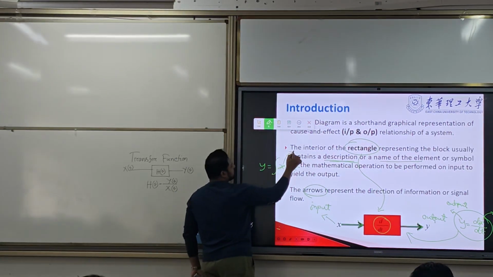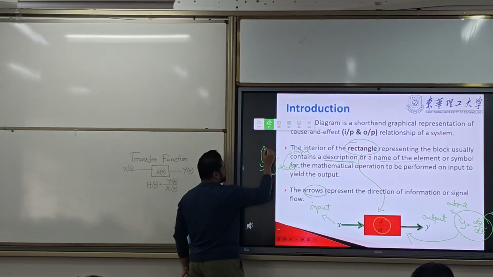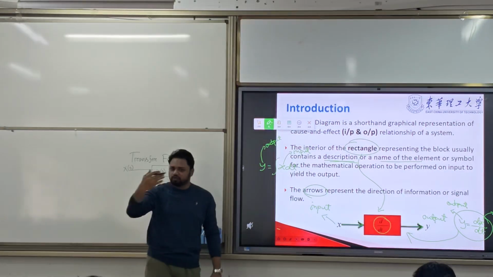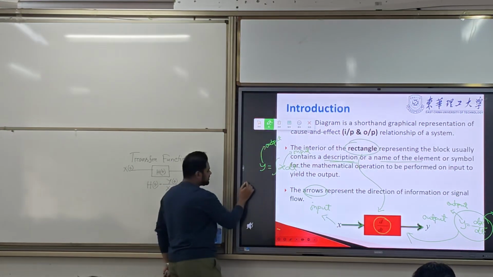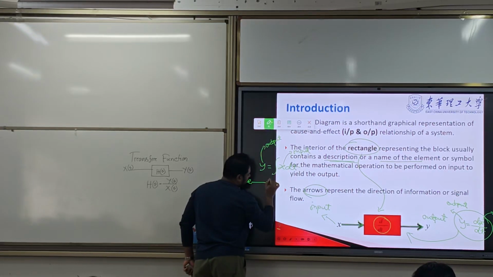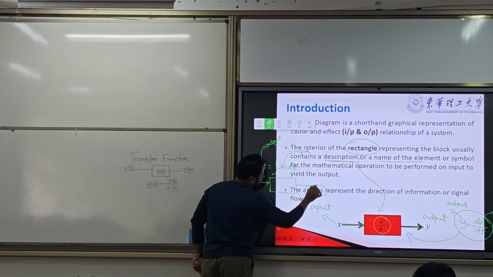Here x is the input, y is the output. So the signal will flow from x to y through a block.